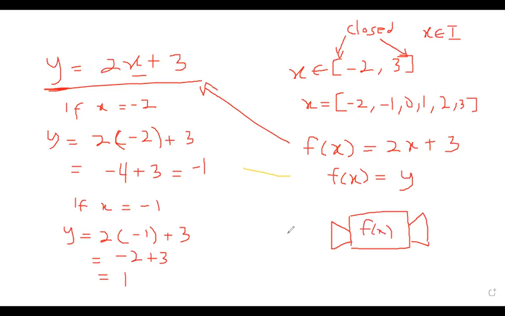So it takes an input, say x, and once it takes the input, this function says anything that enters into me, I'm going to multiply that input by 2. And I'm going to add 3 to it.